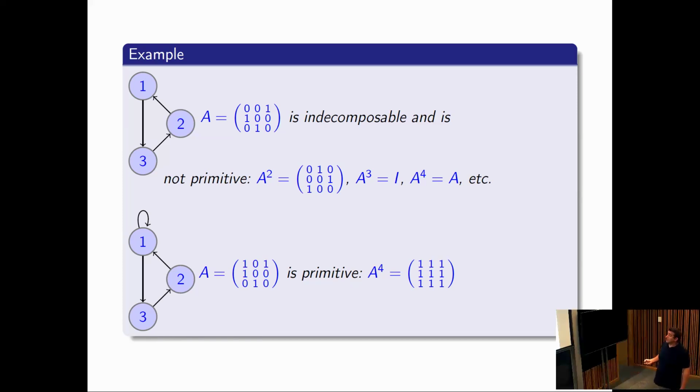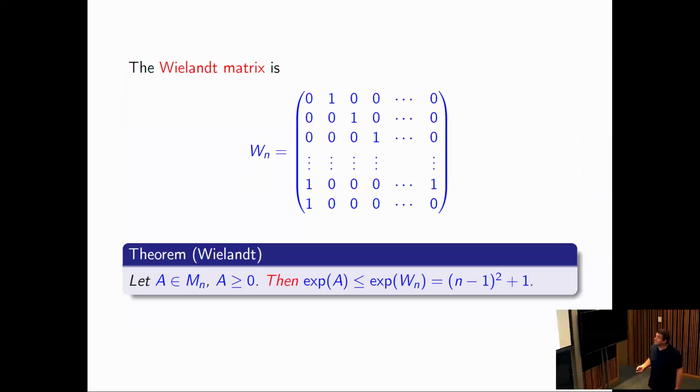Like here you see the sequence behaves like this. So it is not primitive, but if I add just one loop, which results in adding a 1 in the northwest corner, then my matrix is primitive by clear graphical reasons, or you could see it just by multiplying. Also good.